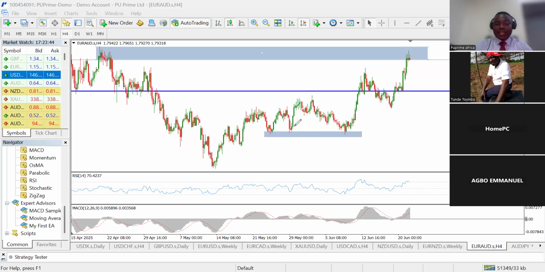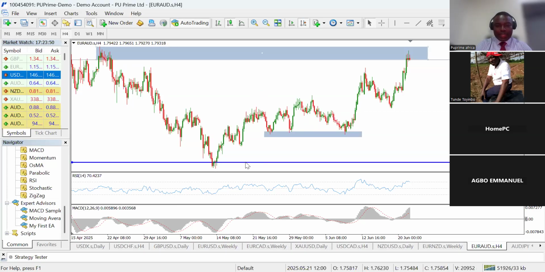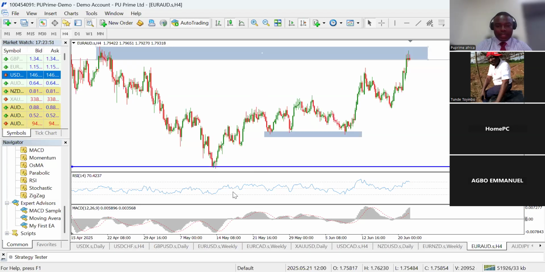And also we can use the recent high and the recent low as our stop loss. Like in this case now, this is the recent low. So if we are anticipating a bullish trade, we can use this low as the stop loss. Before this place became a resistance, it could have been used as the recent high as price is trending up, and we can also use that one.